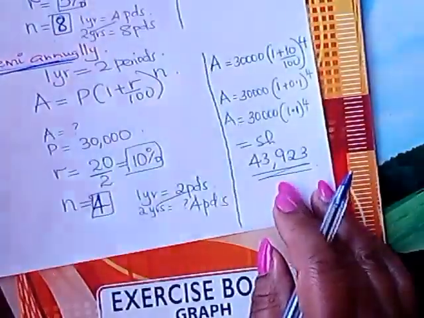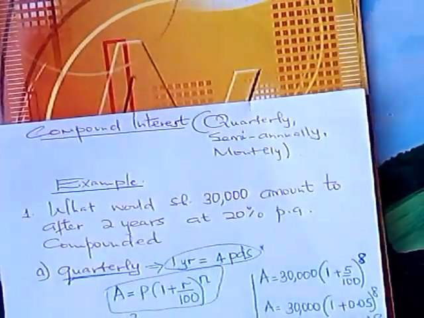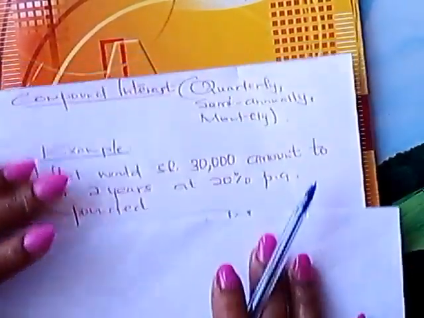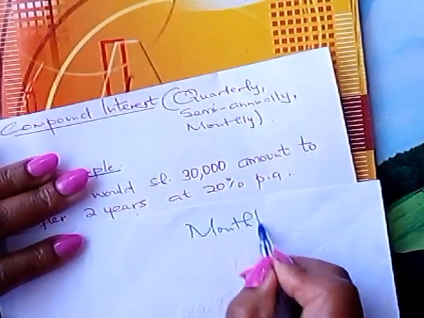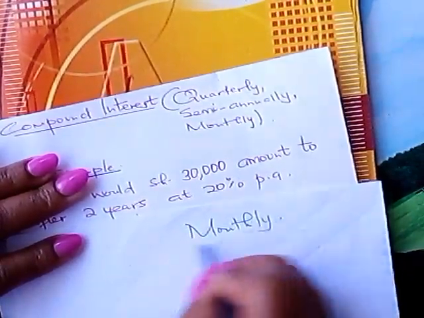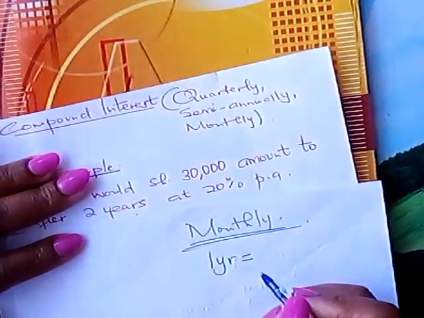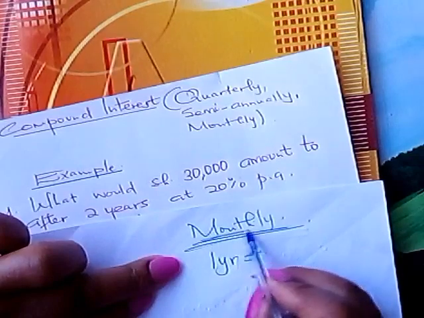Finally, Lana, I may not do monthly. I had stated that we can look at this, but maybe I can explain just a little bit. If you are told compounded monthly, the rate per annum is compounded monthly. It means that 1 year is equal to how many periods? 12. 1 year is made up of 12 months.